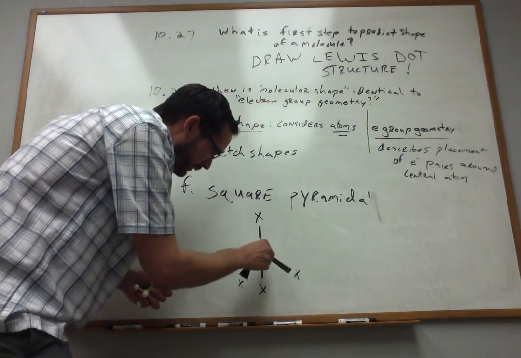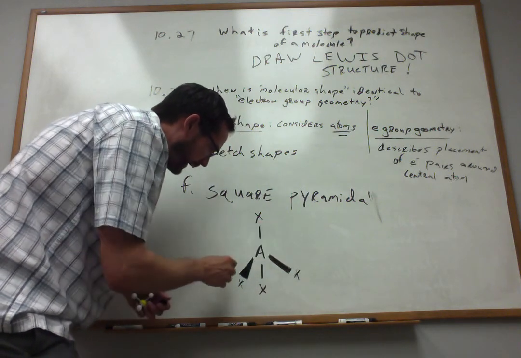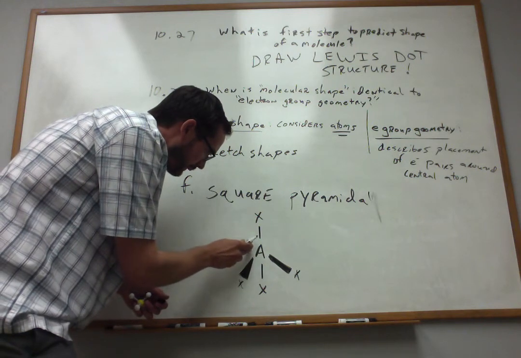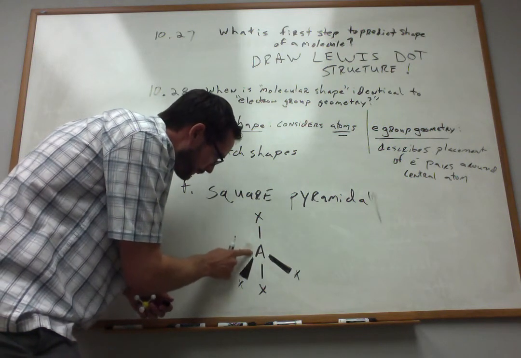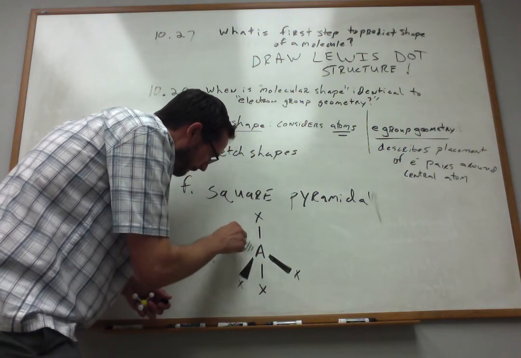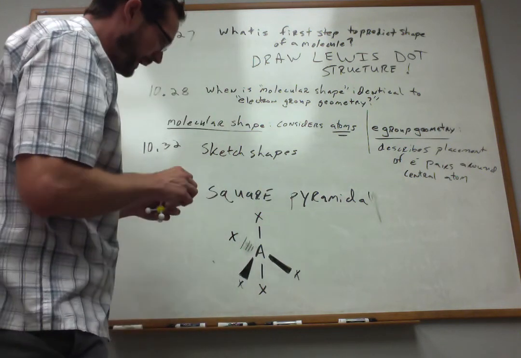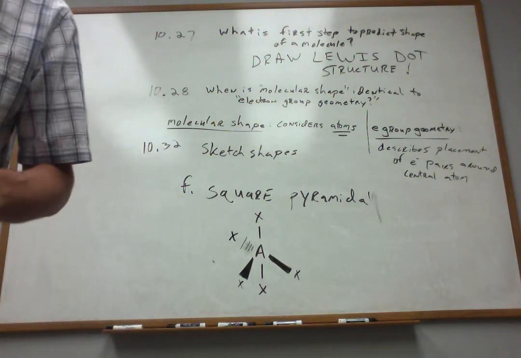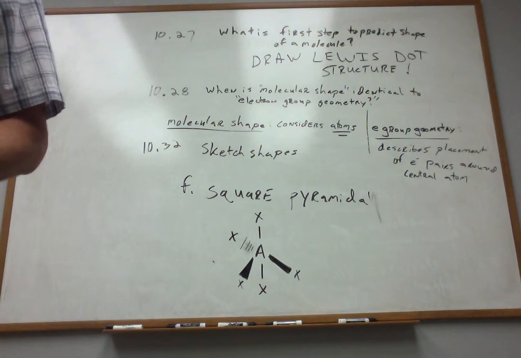And I could even, if I want to, in the figure, denote that that's a 90-degree angle. And then I could do a wedge back. Okay. And sure enough, if you get the bond angles worked out, it would be a square pyramid.